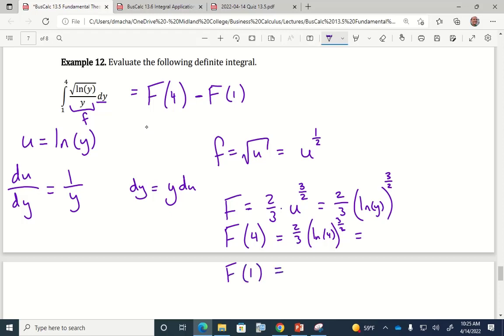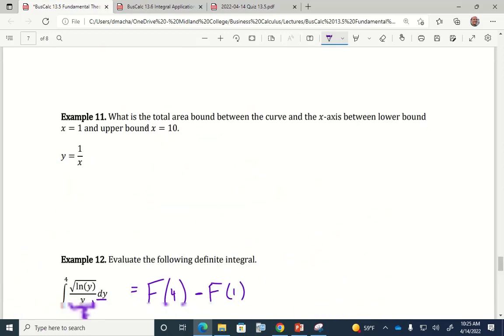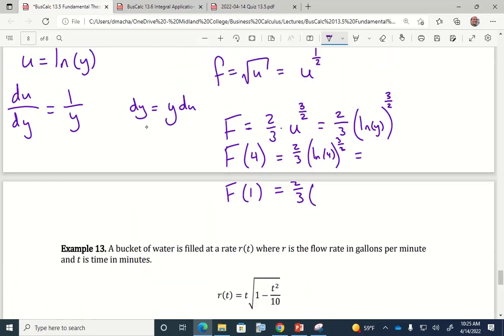Then we plug in y equal to 1, so that would be 2/3 of natural log of 1, all raised to the 3/2 power. But natural log of 1 is 0.